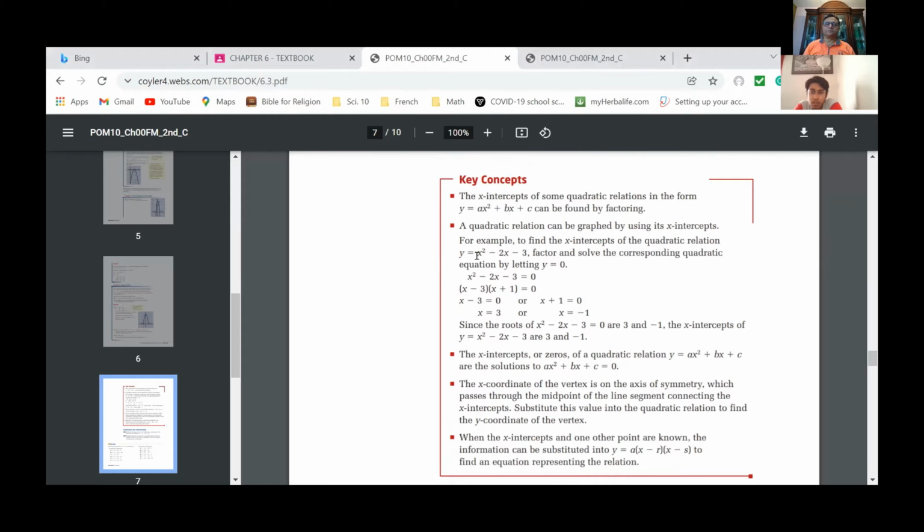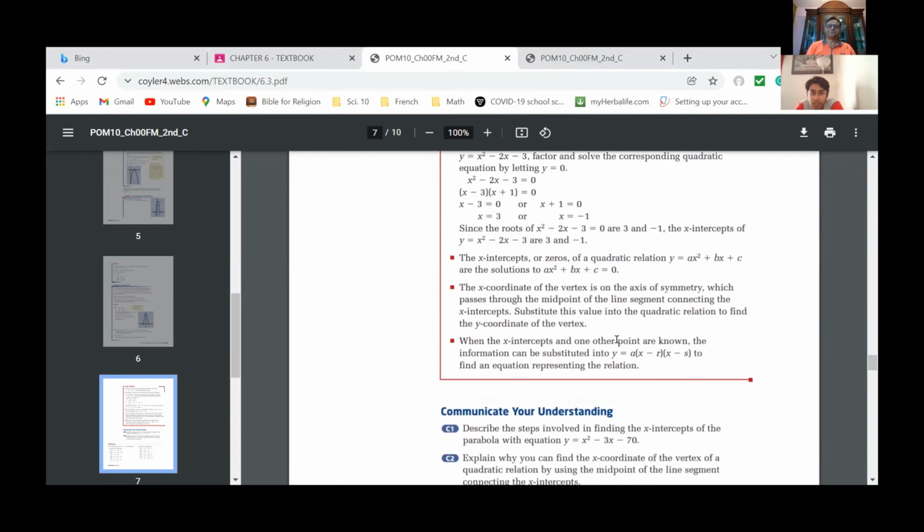For example, to find the x-intercepts of the quadratic relation y equals x squared minus 2x minus 3, factor and solve the corresponding quadratic equation by letting y equals 0. Since the roots of x squared minus 2x minus 3 equals 0 are 3 and negative 1, the x-intercepts of y equals x squared minus 2x minus 3 are 3 and negative 1.